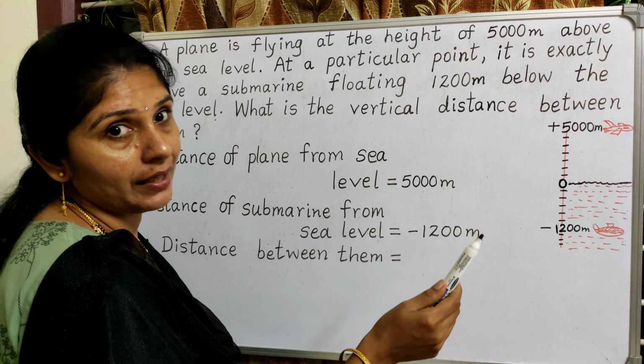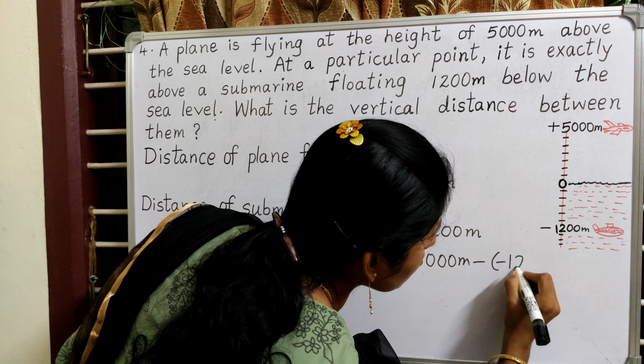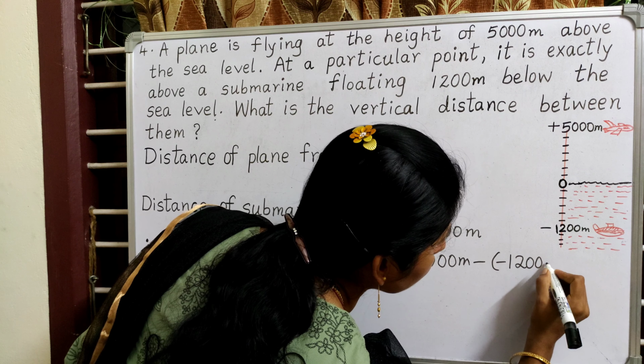Here the smaller value is minus 1200 meter and the greater value is plus 5000 meter. So, plus 5000 meter minus 1200 meter.